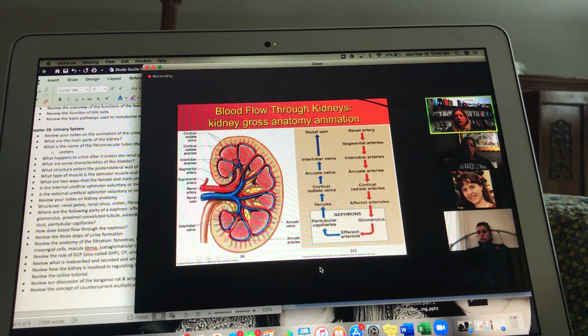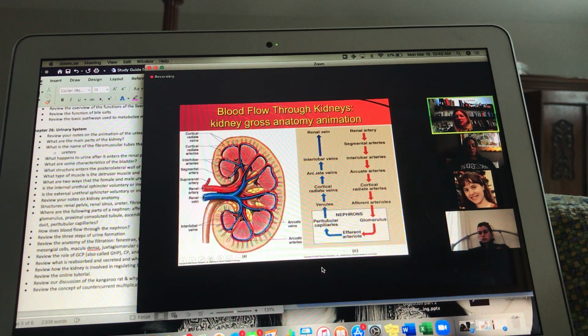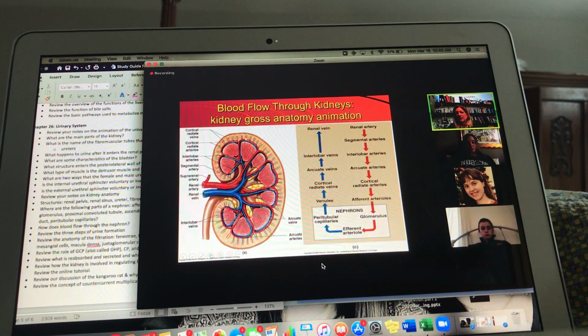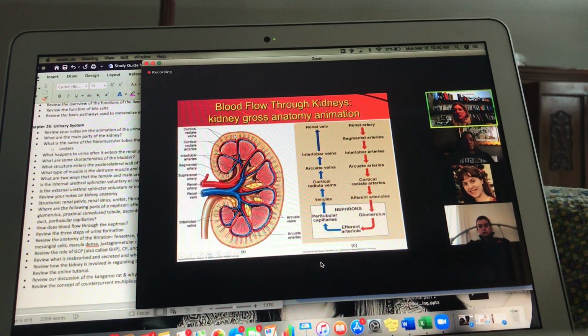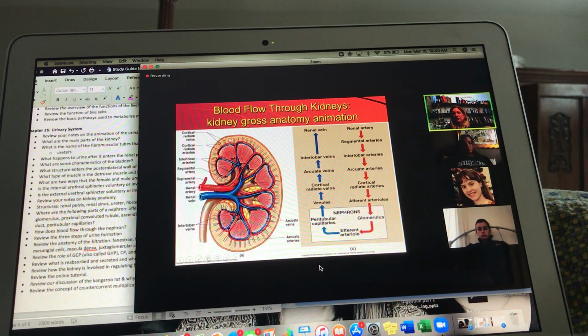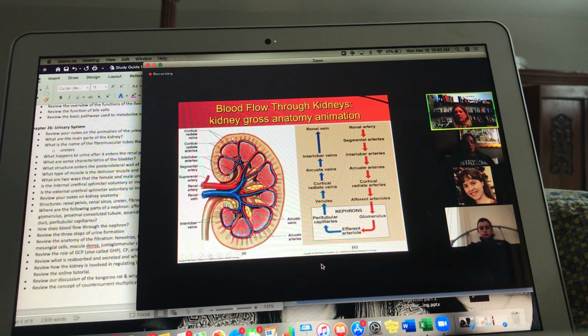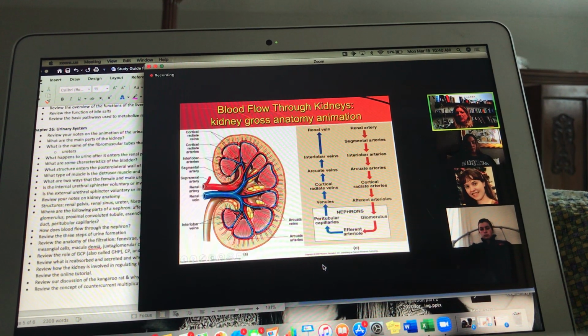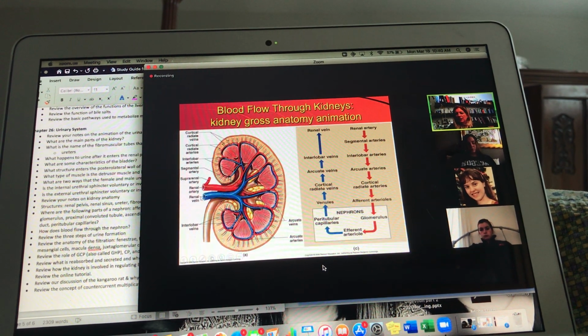So where you have the cortical radiate arteries, that's where the afferent arterioles are located. So this is saying that all the glomeruli are in this part here, and then we have blood going out through the efferent arterioles into the peritubular capillaries. And you can see those sorts of things there, and then the blood will come back out this way.